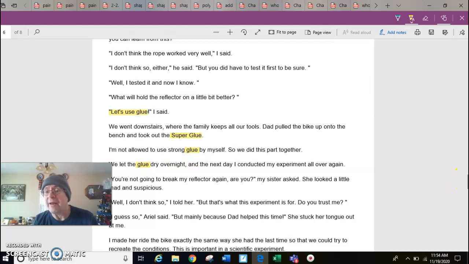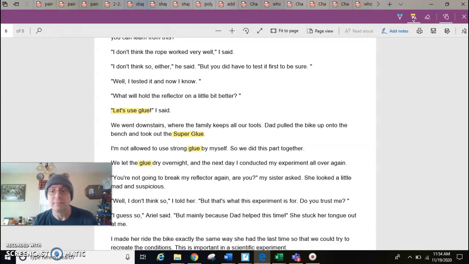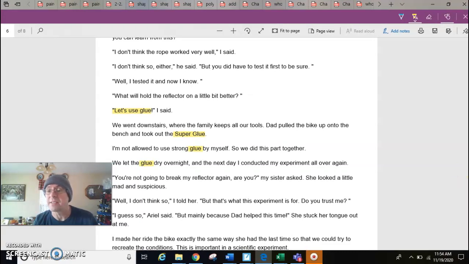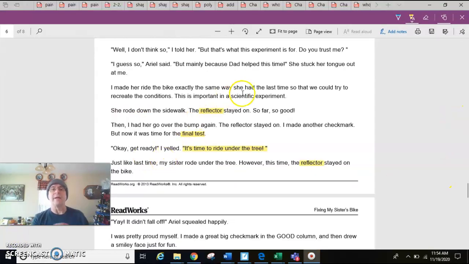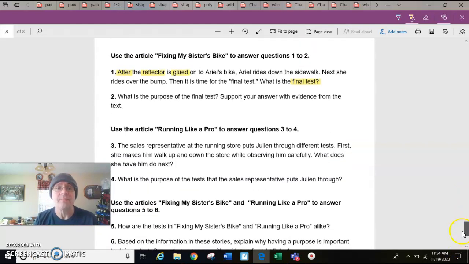Now we're looking for the words final test. Maybe. Okay, so I go down a little bit. There's reflector. We found that. But now it is time for the final test. Okay, so I found it. The final test. It's time to ride under the tree. All right? So that is the answer to that question, isn't it?